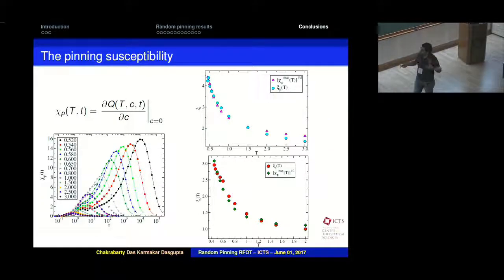If you construct a quantity like this pinning susceptibility, then you actually get the static length scale out of it. So it's a way experimentalists could calculate the static length scale in an arbitrary liquid just by introducing some big particles and seeing how much it affects the relaxation dynamics of the system.